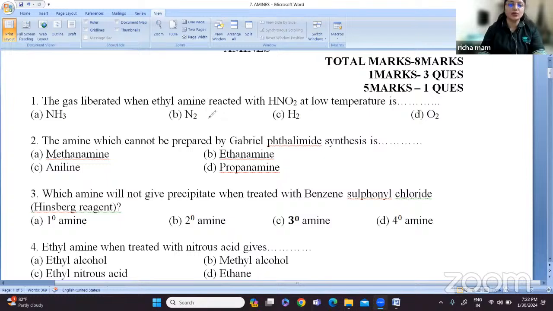Benzene sulfonyl chloride, the formula is C6H5SO2Cl. So this is your benzene sulfonyl chloride. Primary amine.